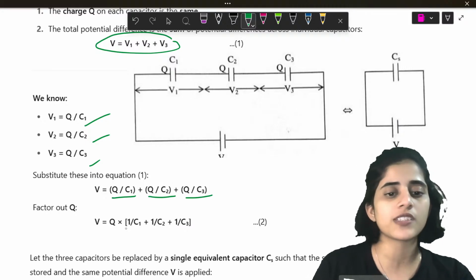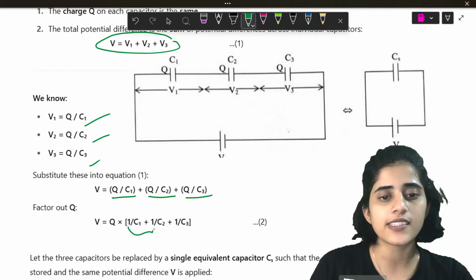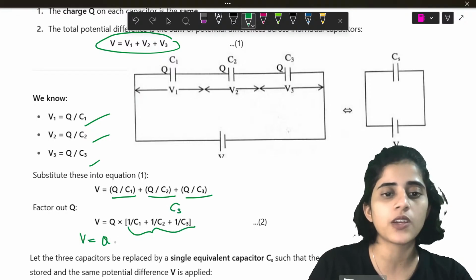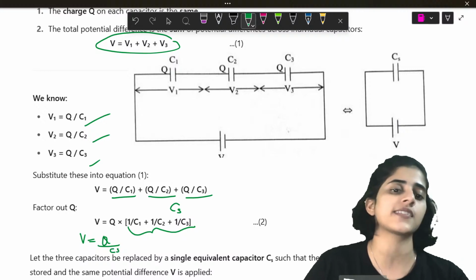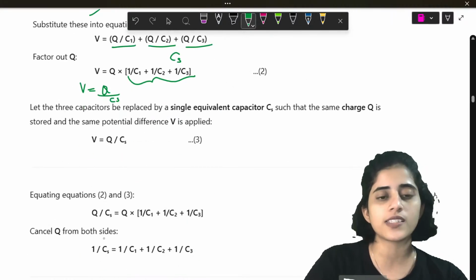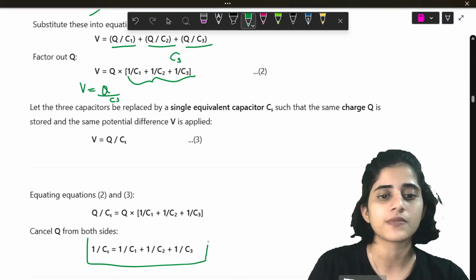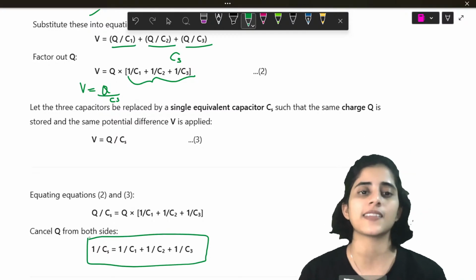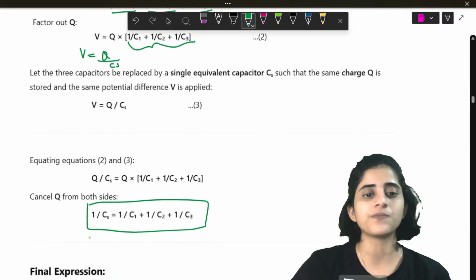Now all of this I can take as 1 by CS. So V will be Q by CS. Now what is 1 by CS? 1 by C1 plus 1 by C2 plus 1 by C3. Okay?